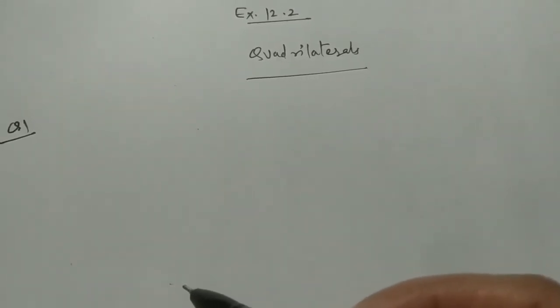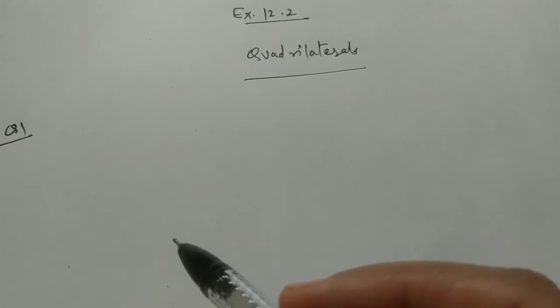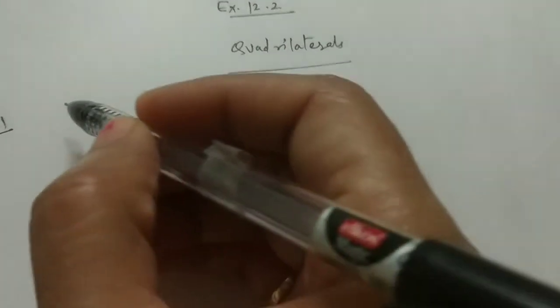So the angle of the quadrilateral would be 90 degree.